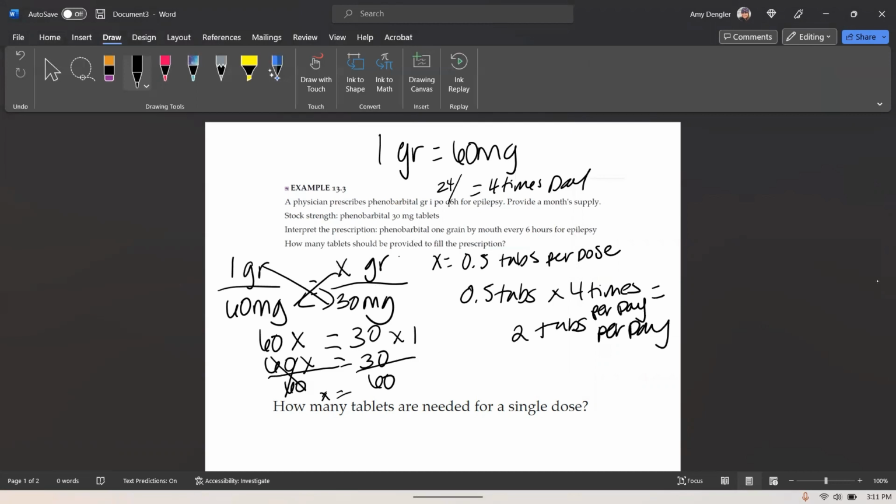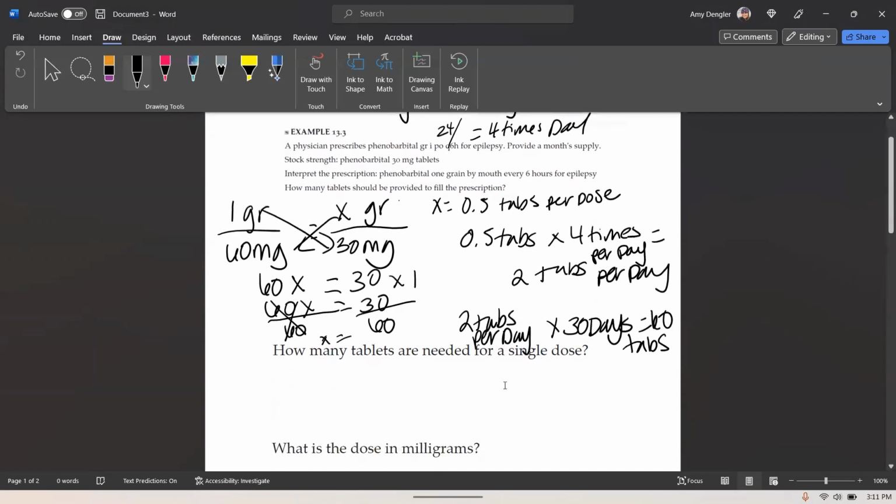And we need to give them a month's supply. So 2 tabs per day times 30 days. So 30 times 2 is 60. So we need to give them 60 tabs for the whole prescription.